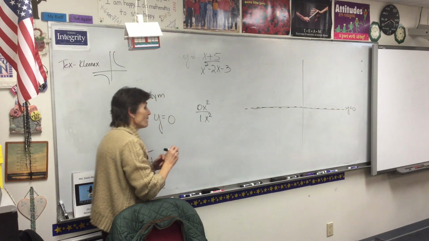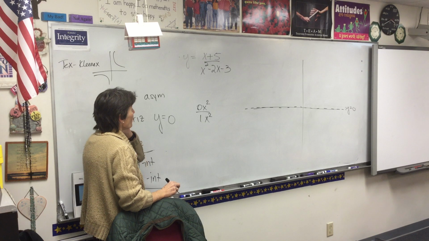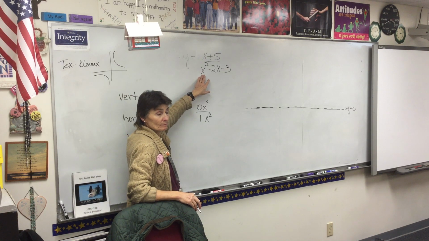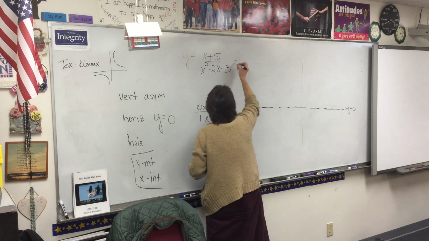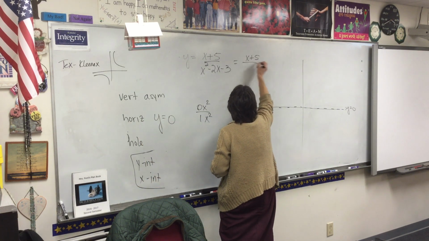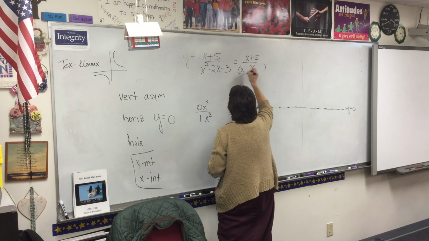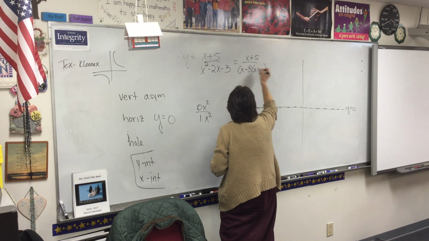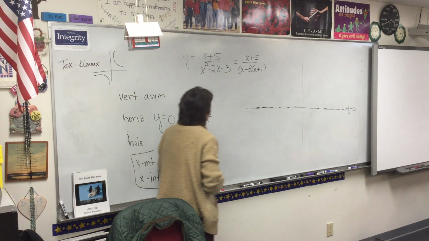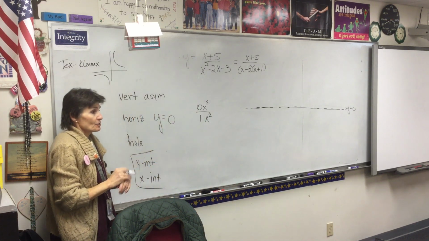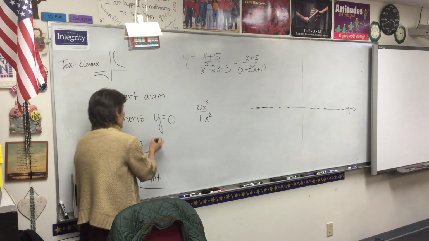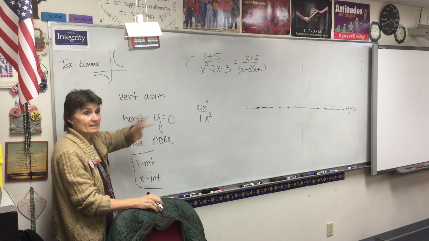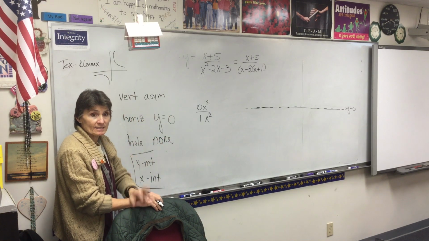Now, what about vertical asymptotes? Well, I probably should factor the bottom. Top does not factor, but the bottom will factor into x minus 3, x plus 1. Yep. Two things. First of all, no hole, because even though I could factor, I still have no canceling.